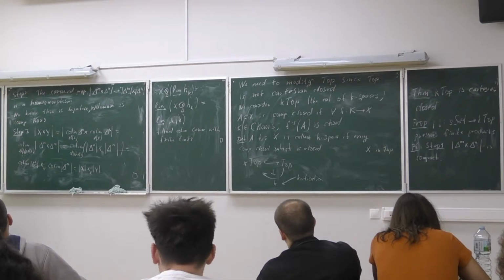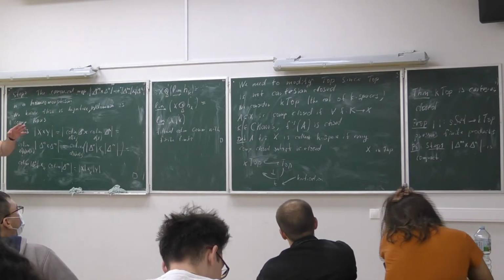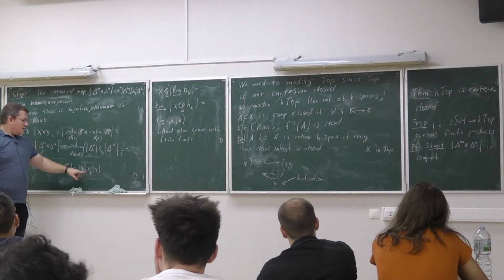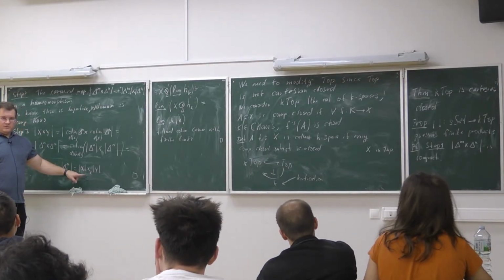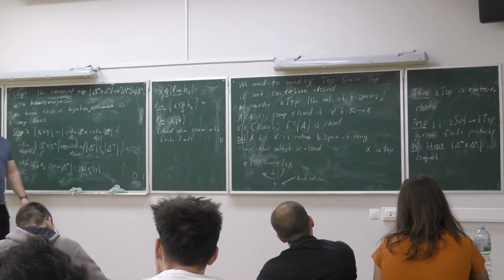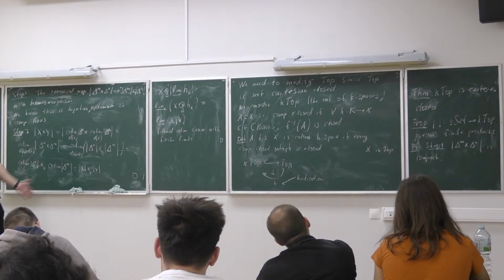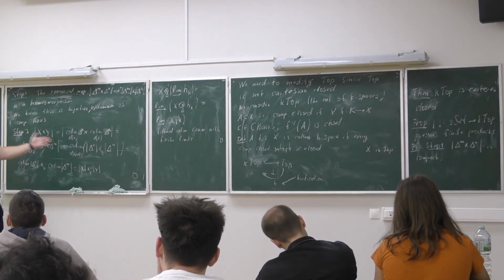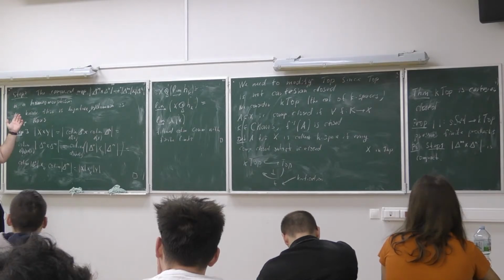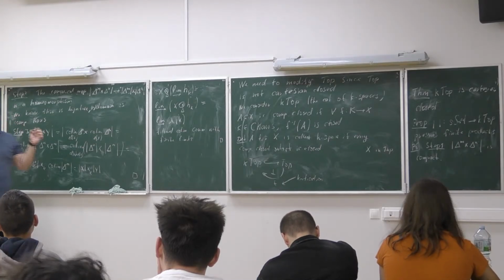To say that you have this closed structure means that the product commutes with colimits in both arguments. For this, you need k top. This is not true in top. If you don't want to work in k top, you can still work in topological spaces, but you need additional assumptions.